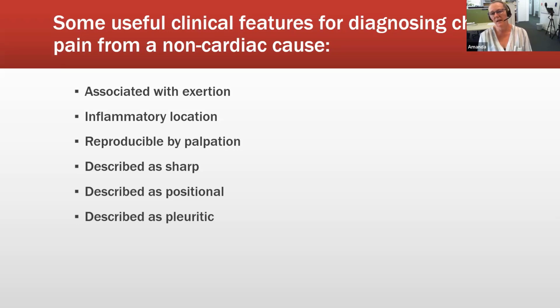So if it's in an inflammatory location, somewhere where they could have strained or pulled something, is it reproducible by palpation? Is it described as sharp? Is it positional? Or is it described as pleuritic? Again, to rule out these things, it's a thorough history.